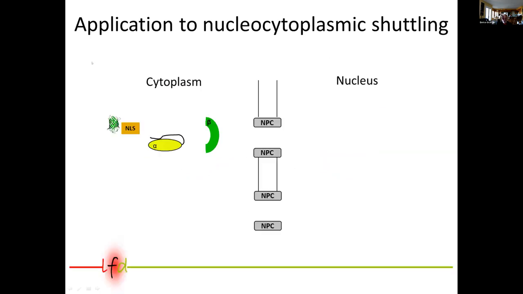So here is shown what the reaction is. We have a particle, for example a GFP, which has a nuclear localization signal, will interact with importin alpha, and then importin alpha will interact with importin beta, making at least a 3 protein complex, and that complex will pass through the nuclear pore complex.